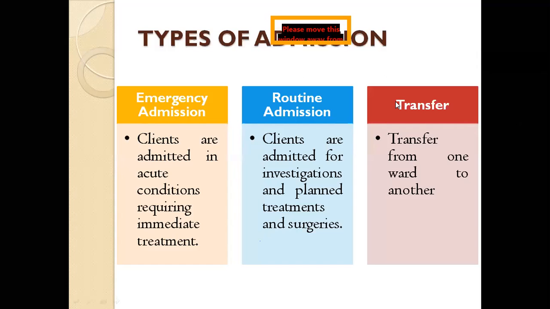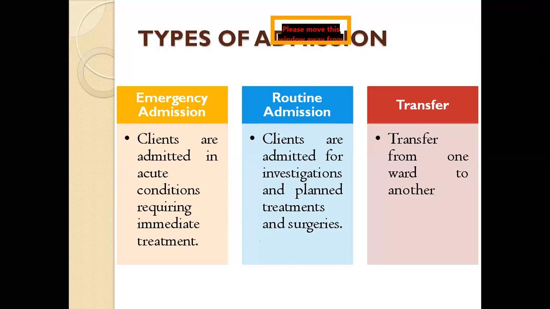Okay, moving on to the types of admission. There are three types, as I've already explained in the introduction: emergency admission, routine admission, and transfer. Emergency admissions are those in which the clients are admitted in acute conditions which require immediate treatment. For example, can anybody give me an example of emergency admission?